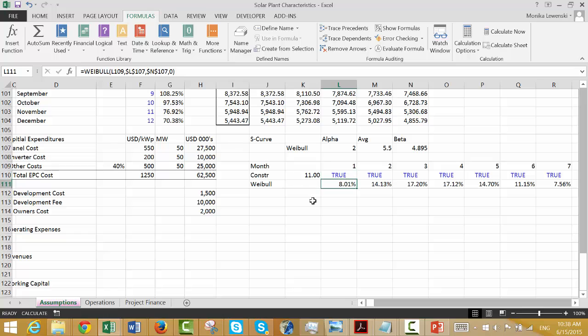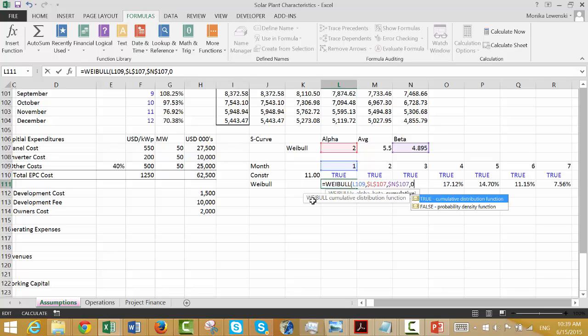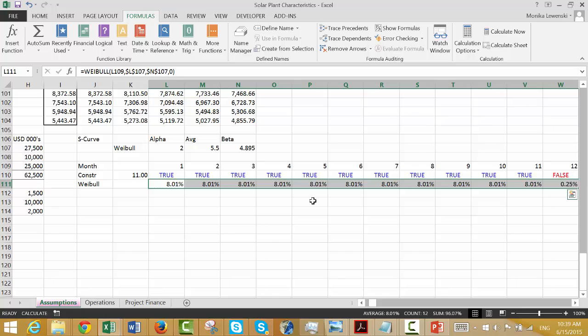Then you put Weibull, and you put the month in, and you can put the alpha and the beta. Then you put comma 0 to make sure it's not cumulative. Control R.